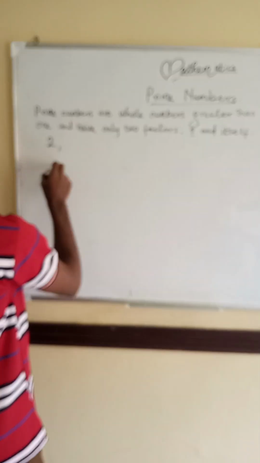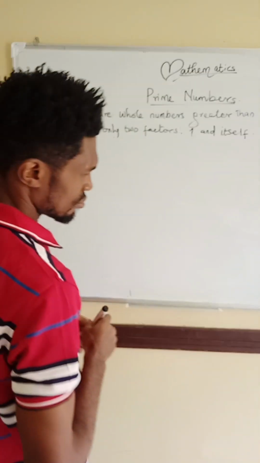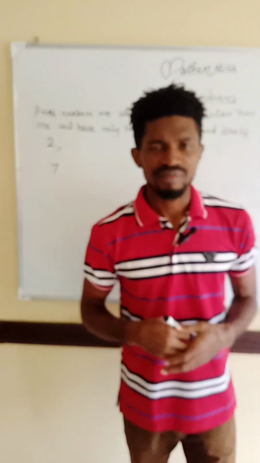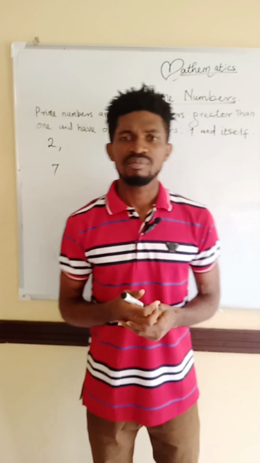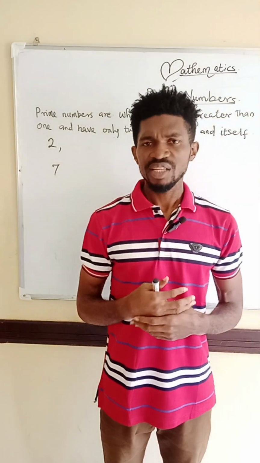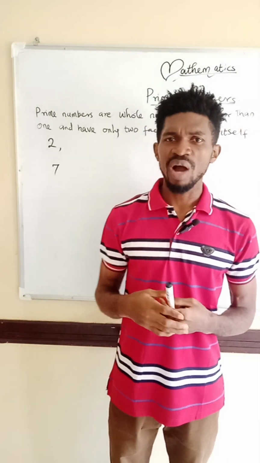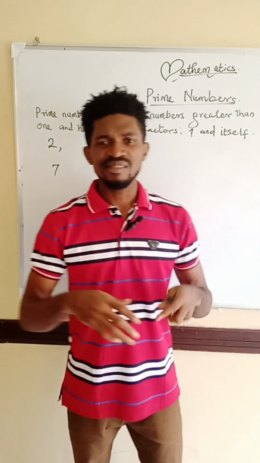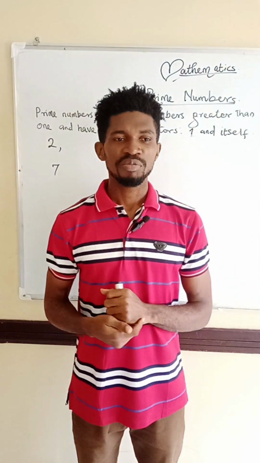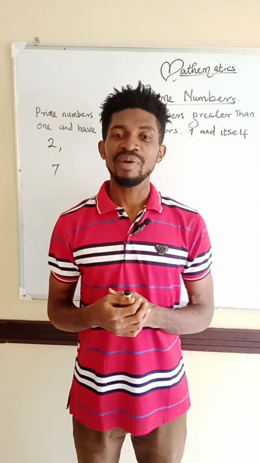Is 7 a prime number? 7 is an odd number, but is it a prime number? Let's check. But before I go on, there is this confusion, especially among primary school students.